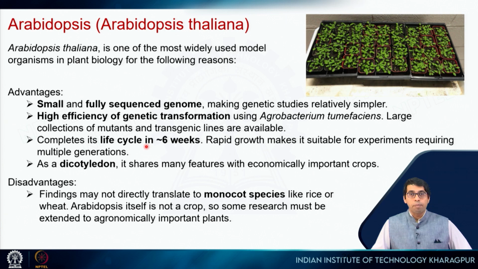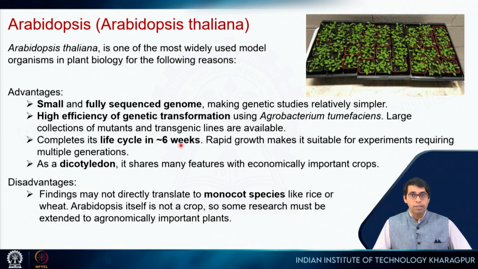One of the model plants that are used in many labs is Arabidopsis. It is one of the most widely used model organisms in plant biology for the following reasons. It is small, it has a fully sequenced genome, and high efficiency for genetic transformation using agrobacterium. So, a large collection of mutants and transgenic lines can be easily produced for this particular plant.